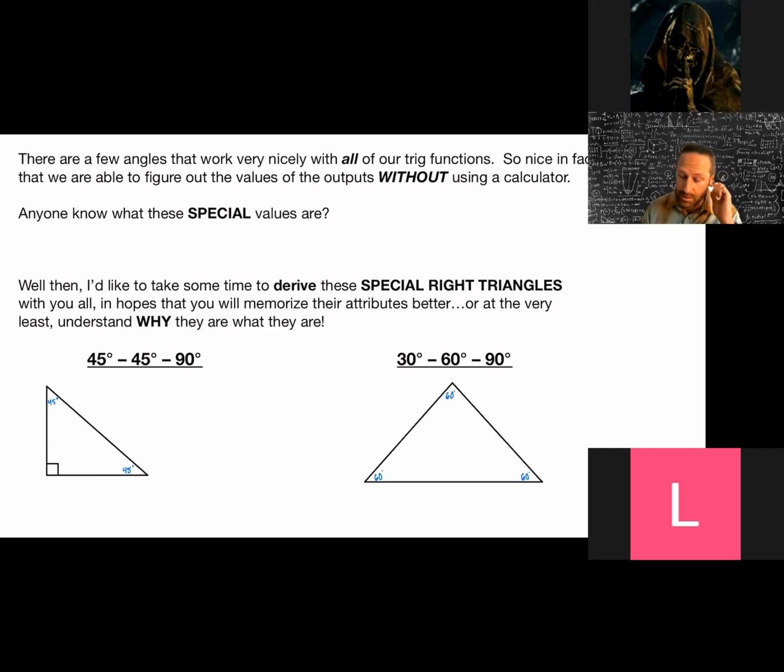And so what we're going to talk about is the ones that do actually work nicely with all of our trig functions. And I put so nice, in fact, that we can do it without using a calculator. And does anybody know what those special values are? Or want to guess? On that circle, no matter what point you choose, if you land on one of your four quadrants, that's really nice.